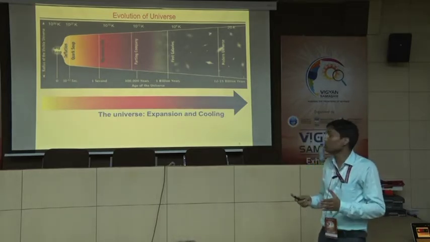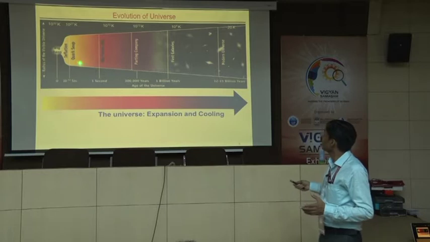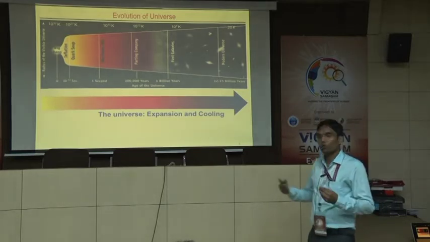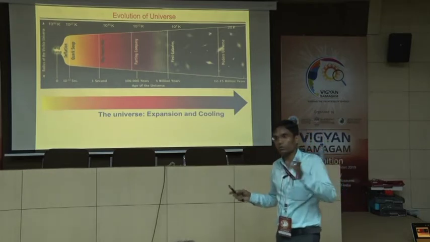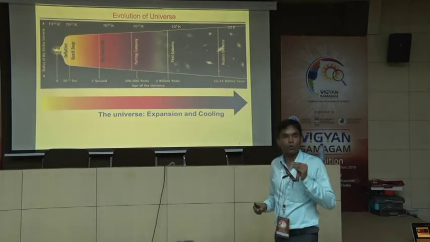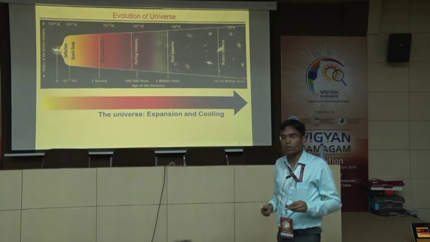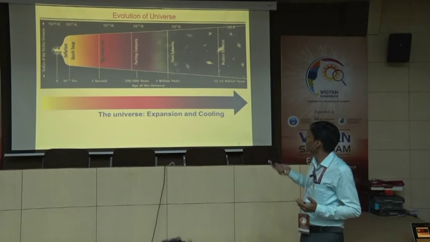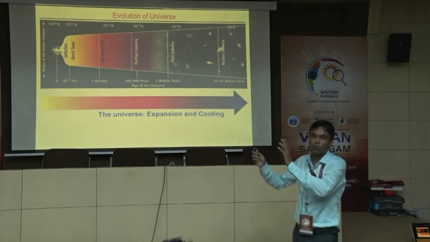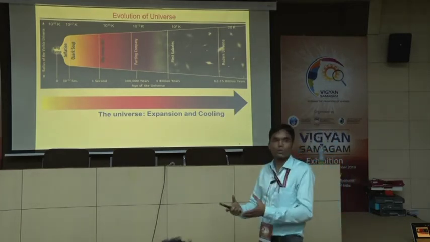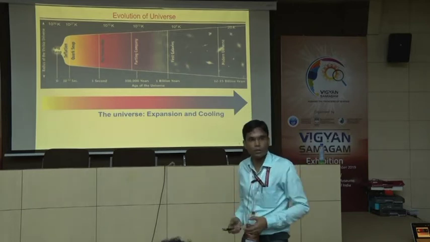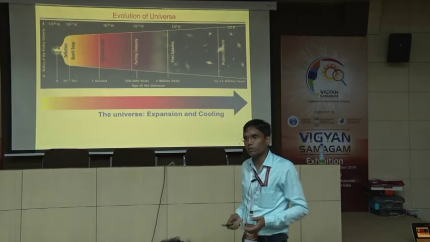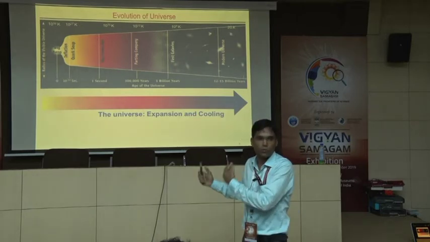So in true sense, this is your state where none of the particles that we see were there, only quarks and gluons. They interacted in some way or other, and formed other particles like proton and neutron, then nucleosynthesis happened, nuclei were formed, then atoms came into existence, after that molecules, and then matter was formed.